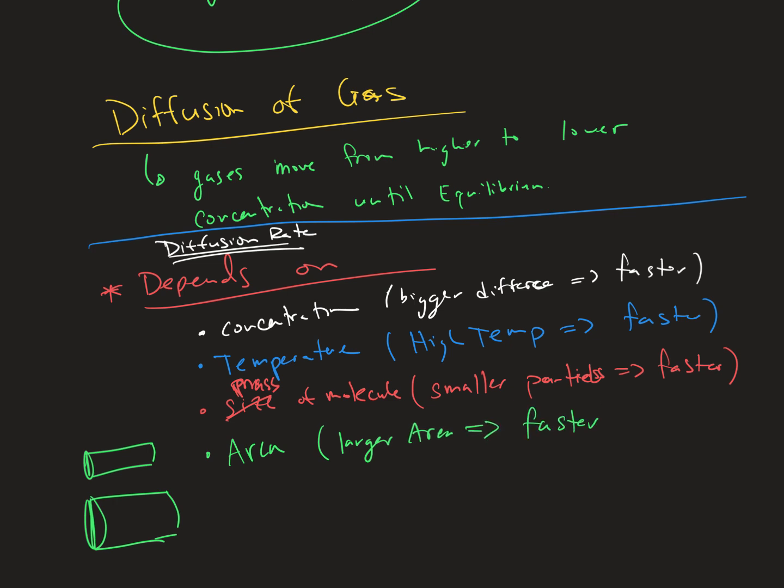Why would it be faster and not just more complete? What do you mean by more complete? It reaches equilibrium faster because there's more. Is that because there's less pressure on there? Or why would the size of the container that it's in affect it? Not the volume.